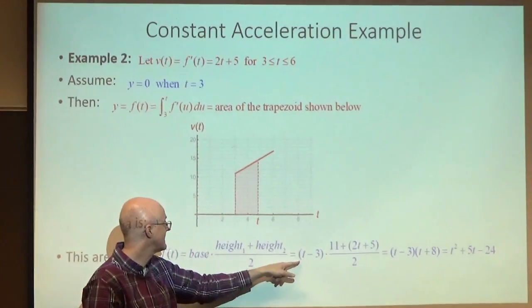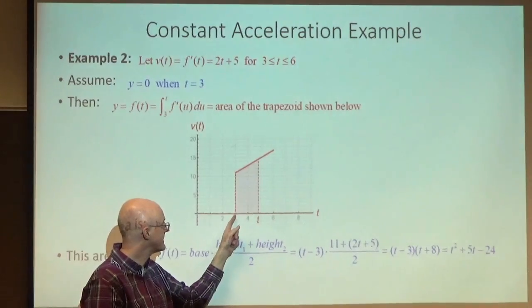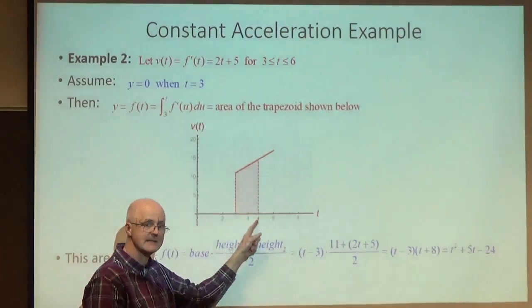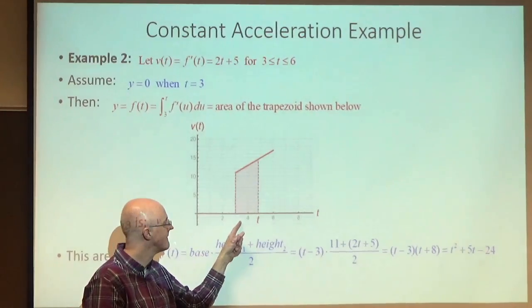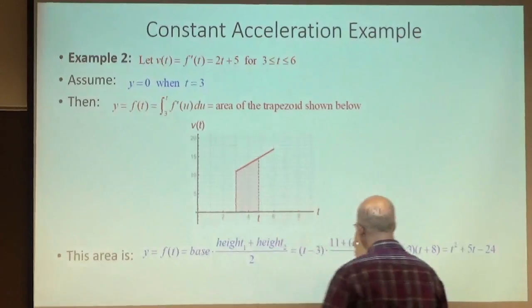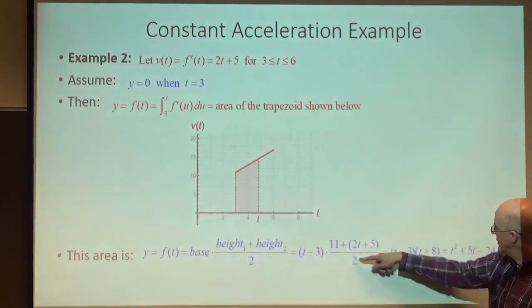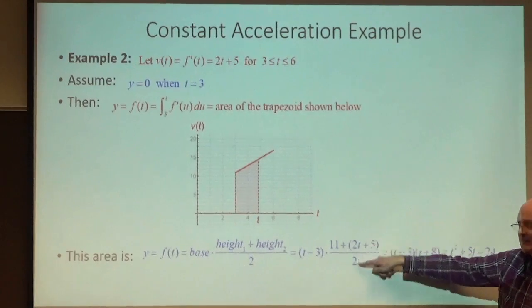Here's the base, that distance right there, t minus 3. Do some algebra to simplify this. 2t divided by 2 is just t. 11 plus 5 is 16, divided by 2 is 8.